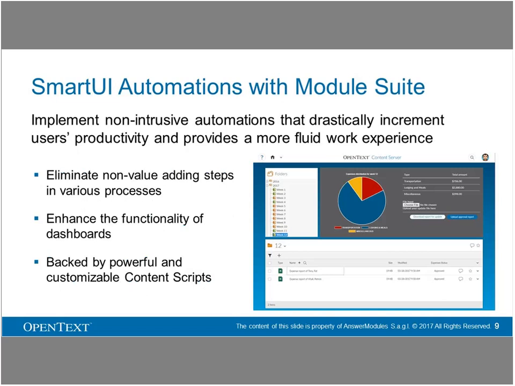So by implementing automations in the SmartUI, we can provide a seamless work experience in order to drastically increase the user's productivity. Part of this automation means eliminating the non-value adding steps in different processes, or providing enhanced dashboards that fully contain the functionality end users require.